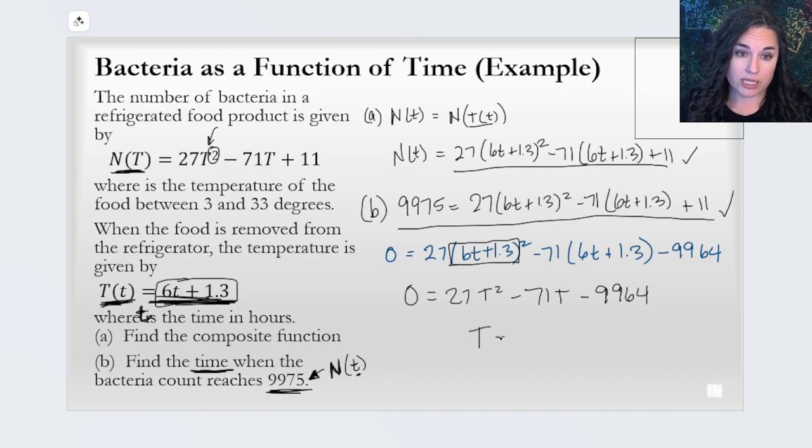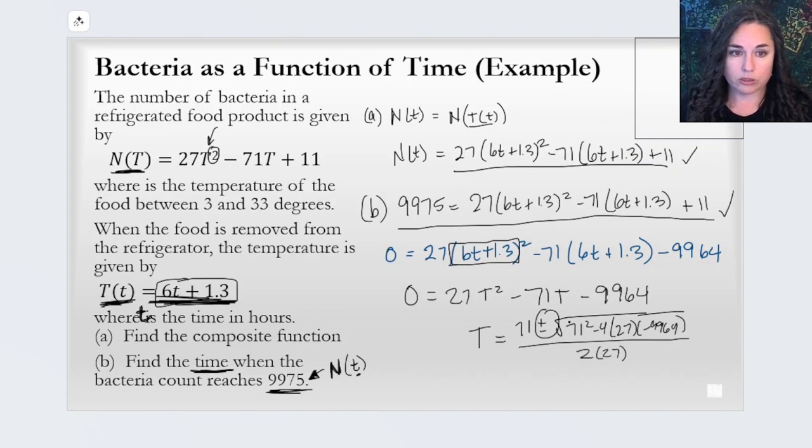I would solve for t. And you're going to get what? t is going to be 71, and if you do the quadratic formula, you plug it in and do this stuff: minus 4ac, 27 times negative 9964, and then divide by 2 times a, 2 times 27, with a plus or minus, so you get two answers.